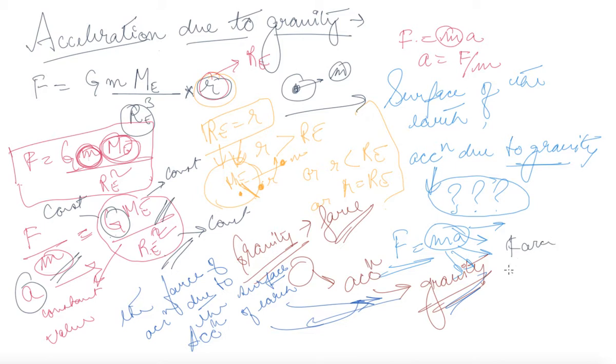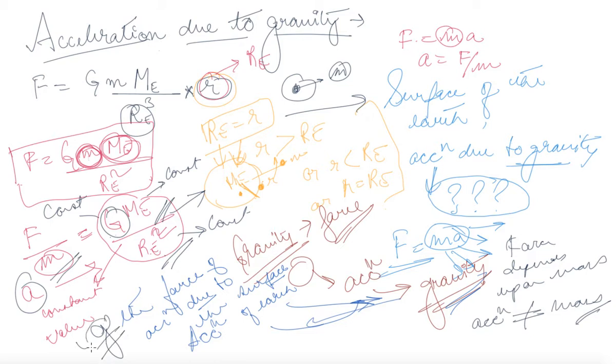Force depends upon mass, but acceleration is not dependent upon mass, and therefore we can say that all the objects on the surface of the earth will have a common acceleration, that is g. That is why we write g to be constant.